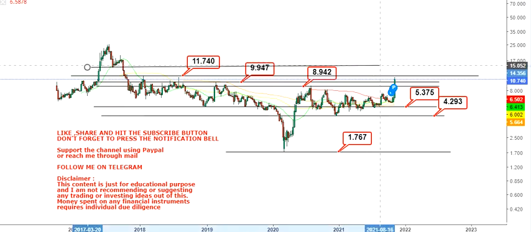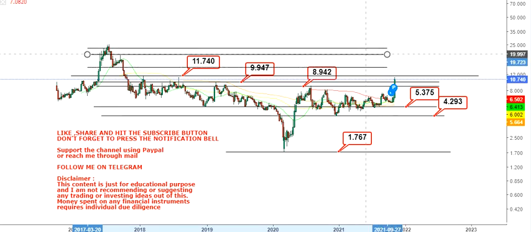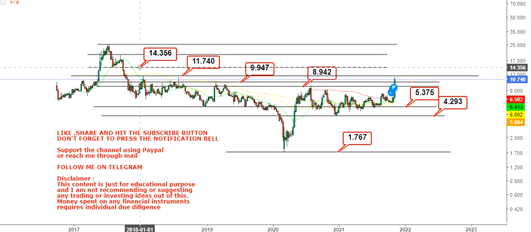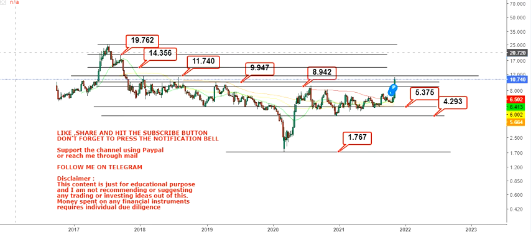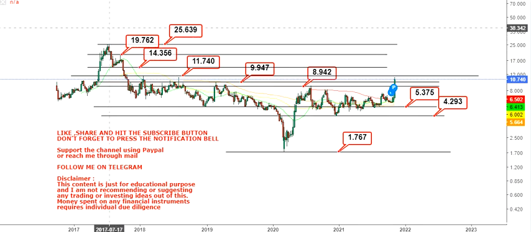Beyond $11, you have three more targets, which will probably push the stock towards the upper end of the range, or the highs that it made in the year 2017. So what we have here is 14.3, then 19, and 25 or $26.